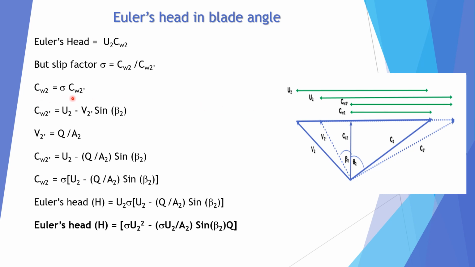Slip factor sigma is CW2 upon CW2 dash. So CW2 can be written sigma into CW2 dash, but CW2 dash is equal to U2 minus this. What is this value? This value is V2 dash into sine beta 2. So you can write CW2 dash is equal to U2 minus V2 dash sine beta 2.